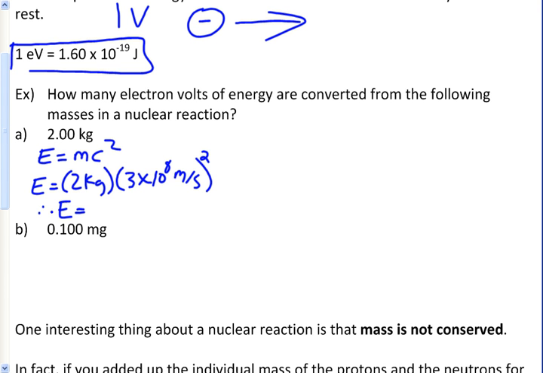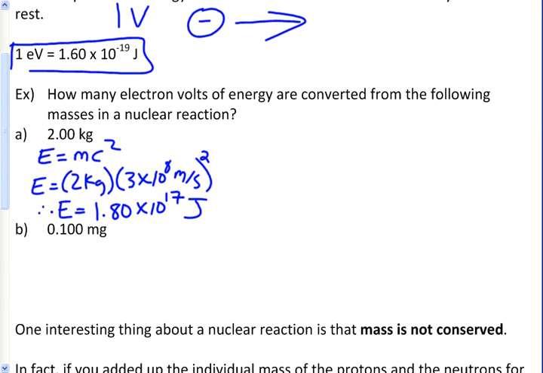So you should get a huge number here. So let's go to 3 sig figs, so 1.80 times 10 to the 17. Now this will be in joules.